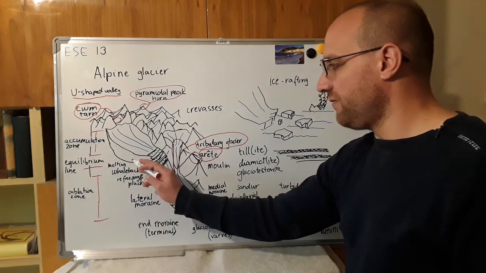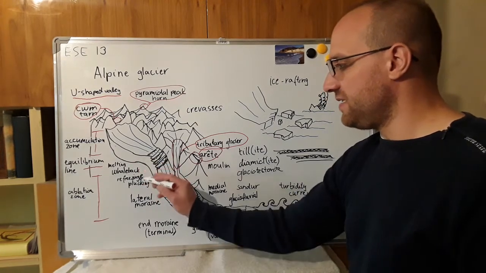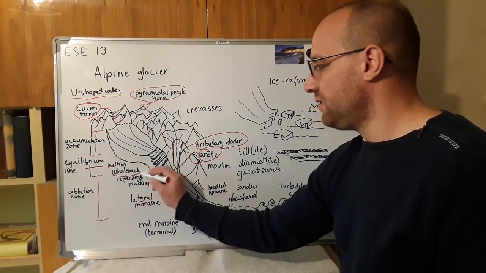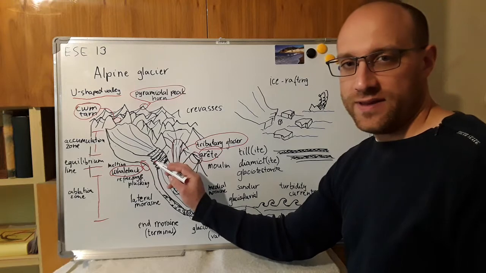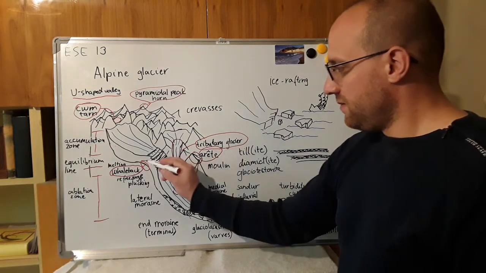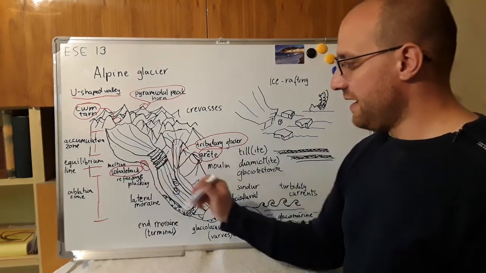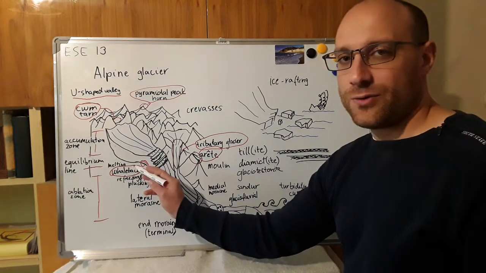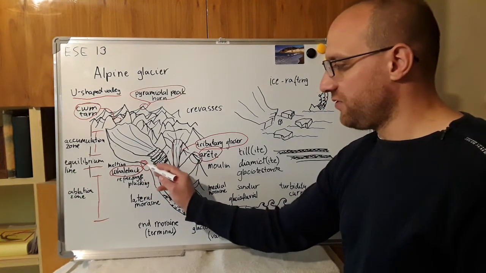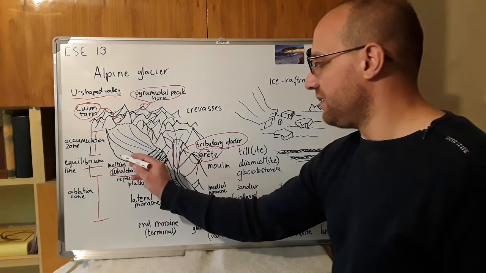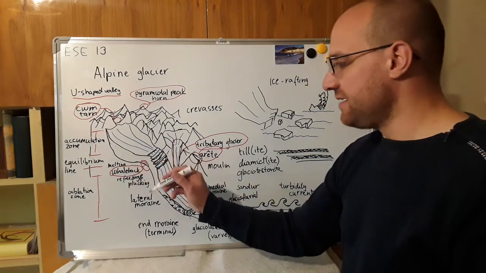So here what will often happen if we have this kind of shape is that the whaleback or the roches moutonnées will develop. So this kind of very smoothened area. We can also say that the striations or abrasion will happen in this zone. So striations by the carving of the ice.